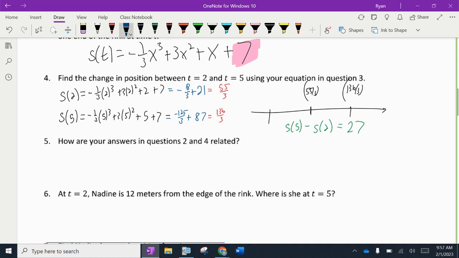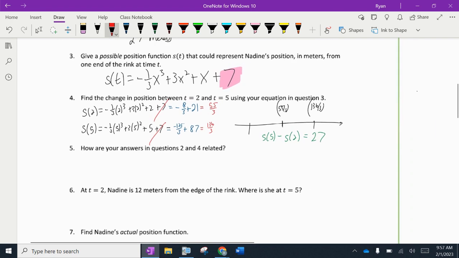When I took this S sub 5 minus that S sub 2, I could have just as easily said, go ahead and subtract the like parts. Take this minus this. 5 minus 2 is 3. Subtract those, subtract those. That +7 didn't matter. But what's significant, question number 5: how are your answers in questions 2 and 4 related?